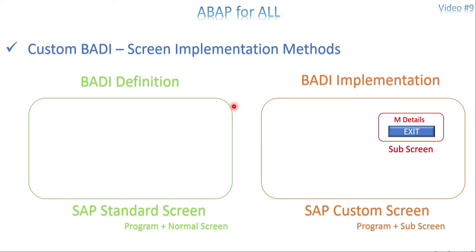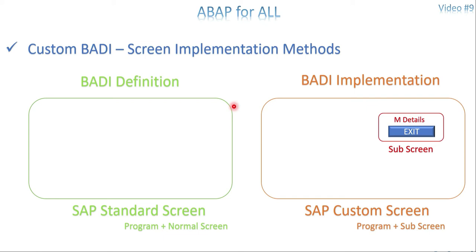So if you want to write code for PBO or PAI events, we need to figure out which method. If you recollect in the customer exit, which function exit acts as the PBO module and PAI module.